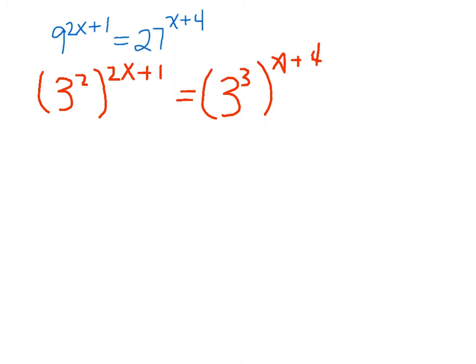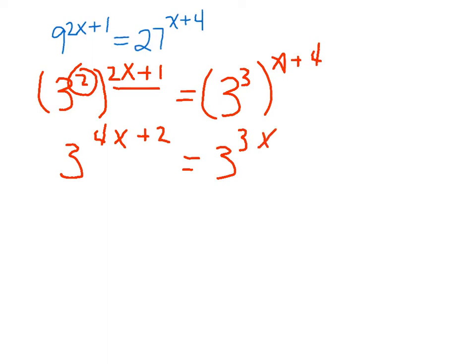From here, I'm going to use the power property of exponents: when I have a power on the inside and an exponent on the outside, I multiply those two together. And so I get 3 to the 4x plus 2 power equals 3 to the 3x plus 12 power.